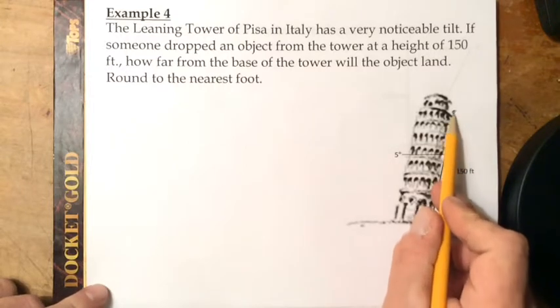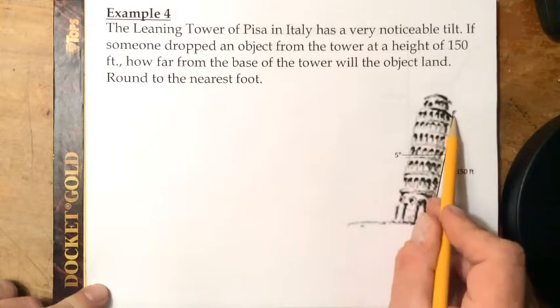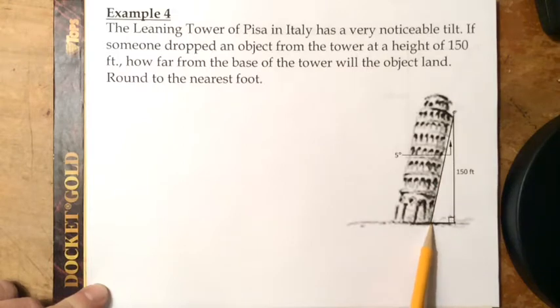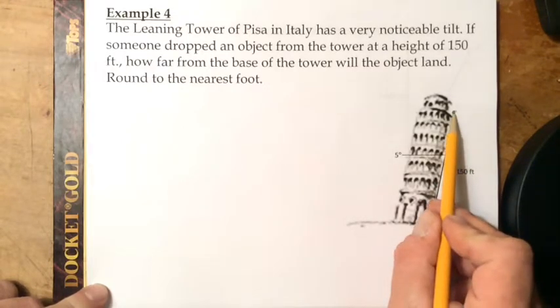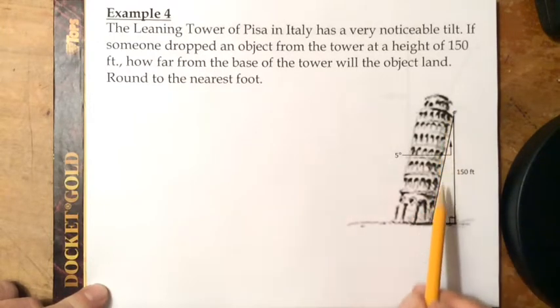We're assuming there's no wind to blow it away. It comes straight down, perpendicular to the ground. If that happens, we've created a right triangle with the side of the tower that's leaning and the distance straight down from where someone dropped the object to the ground. Very much a skinny right triangle.